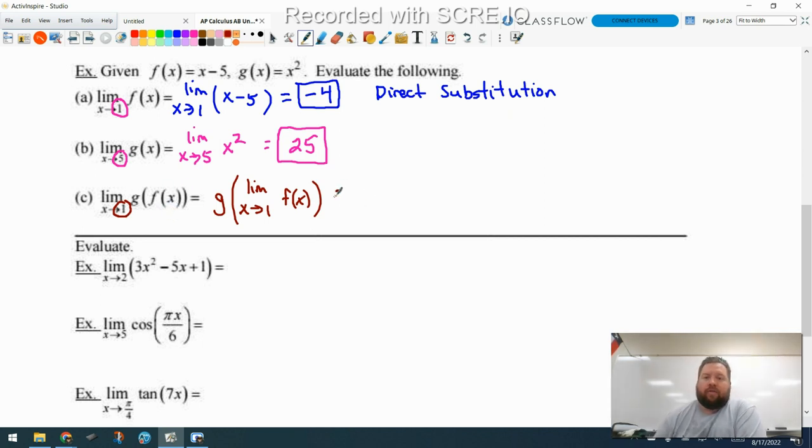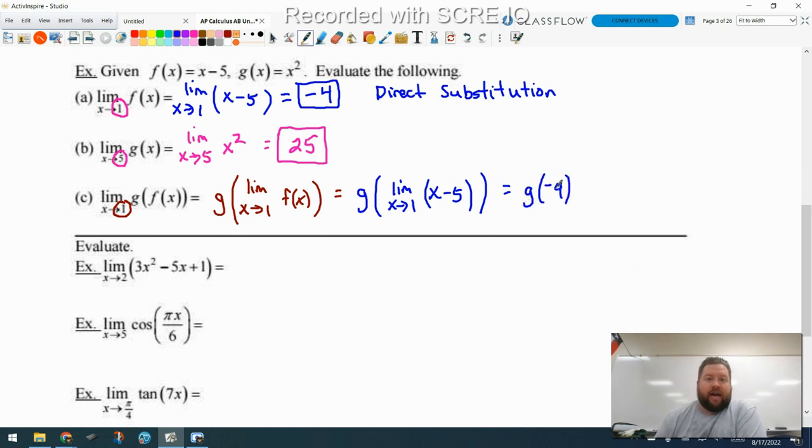Okay, so with finishing up this problem, we are going to evaluate this limit, the limit as x approaches 1 of f of x. So once again, I'm going to rewrite this with my f of x in there. Okay, and so we can evaluate this limit with direct substitution. We're going to plug in the 1. 1 minus 5 is negative 4. So we had already done that one up here. So this becomes g of negative 4.